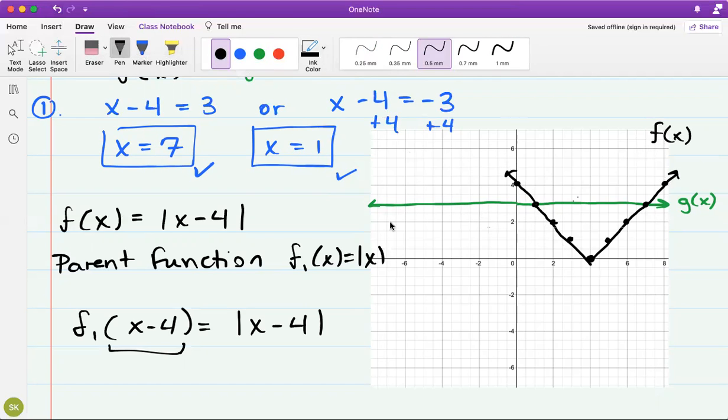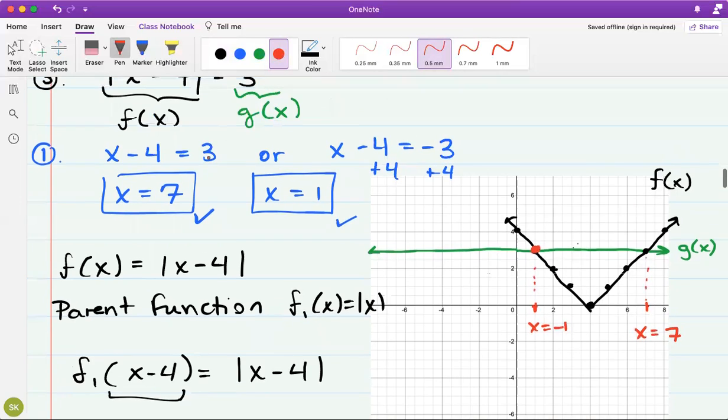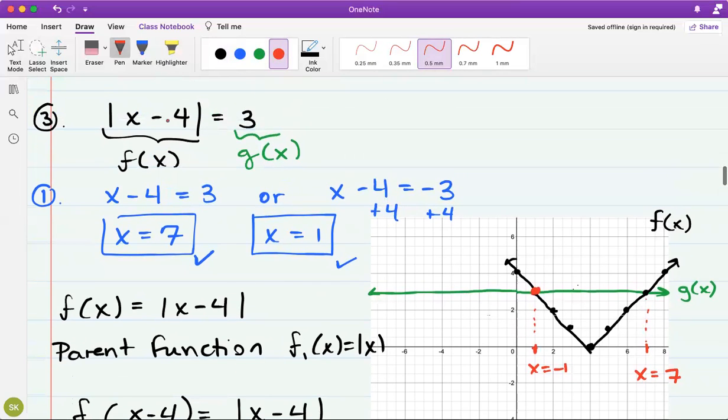And now to see the solutions, we just find where these two functions intersect. And if we look closely, they intersect here when x is negative 1, and also right here where x is equal to 7. And that's exactly what we got when we set this absolute value equal to 3 and also negative 3.